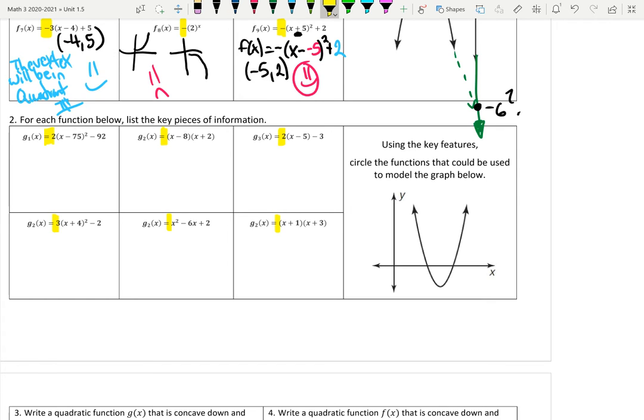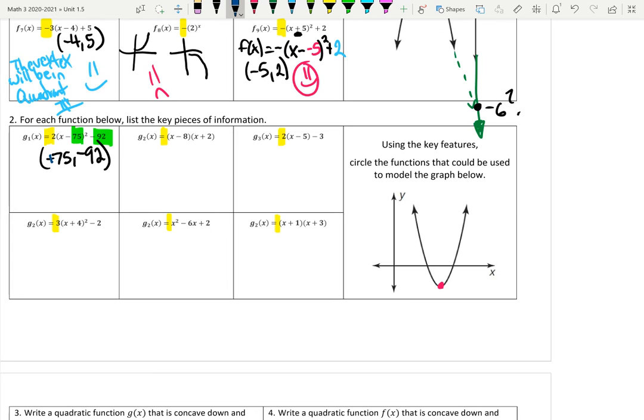So let's go ahead and look at this first one. It's in vertex form. And notice how it's x minus a number and k. So the vertex is going to be -75 and -92, meaning I start from the origin, I go left, and then I go down. It's going to be in quadrant 3, but the vertex is in quadrant 4. So, oops, I made a mistake. This is +75.